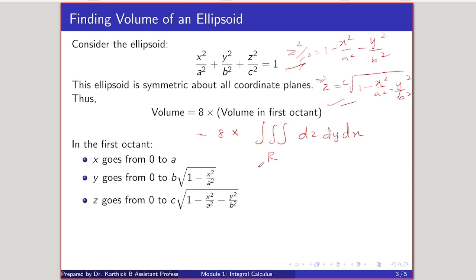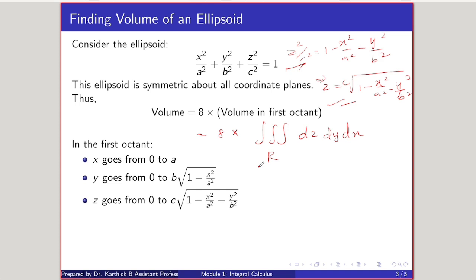Then I go for the variable y. After evaluating with respect to z, we go for the variable y, so there should not be any variable in the limit that is the same as the variable in the function. So here we are going to find the limit of y.